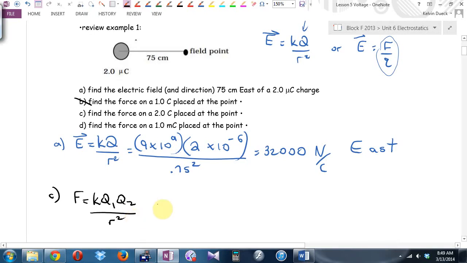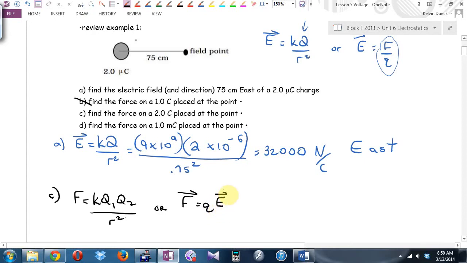But there is a shortcut. You may notice on our formula sheet, there's another equation in the same row that has force in it. Get the F by itself. I could also go F equals q, the charge at that location, times the electric field at that location.